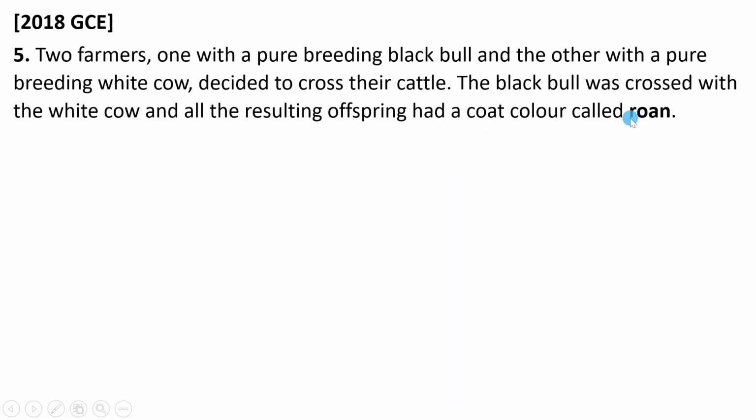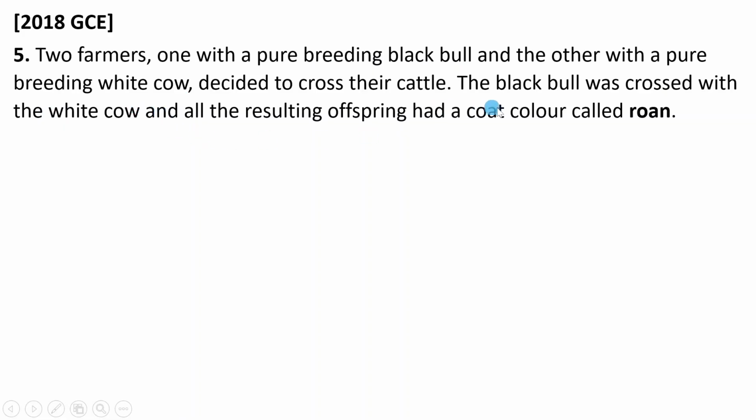Okay, so what we are hearing is that there were two farmers. One had a pure breeding black bull, and the other had a pure breeding white cow. So they decided to cross them.